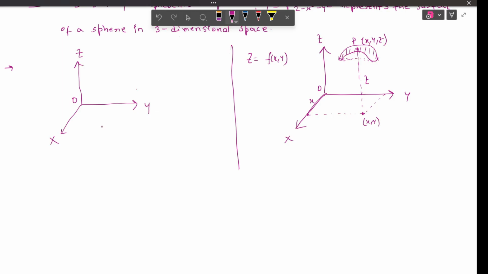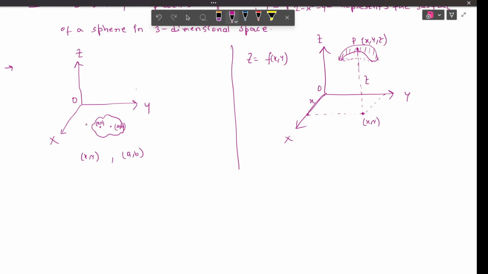This is your origin O. Let us say this is the surface. This point is x comma y, and this point is a comma b. So let x comma y be a variable point, and a comma b is a fixed point on the XY plane.